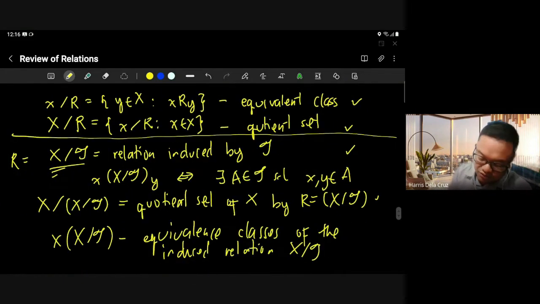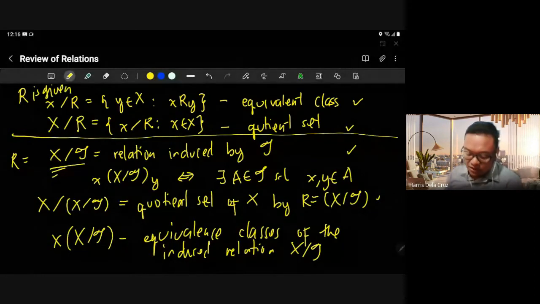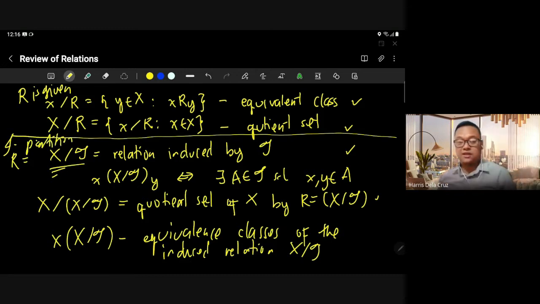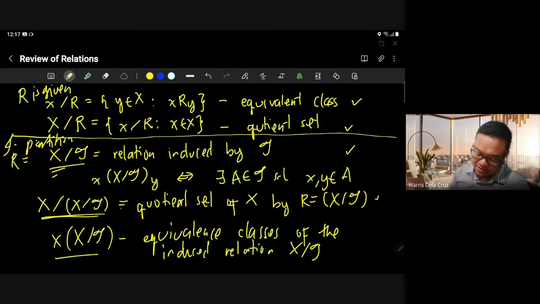Ang unang given dito, you have R is given. Dito ang given yung partition, T is given. So pag T ay given, makaka-induce ka ng relation, then yung relation na yon, since it's an equivalence relation, makaka-induce ka ng equivalence class or mafo-form mo yung mga equivalence class, then these equivalence classes will form the quotient set. So yun din. Okay? So yung pinakita natin kanina, this set here is the same as T. Yun yung pinakita natin kanina.